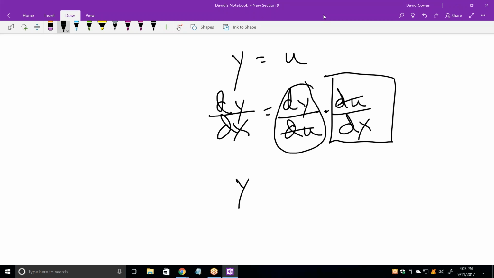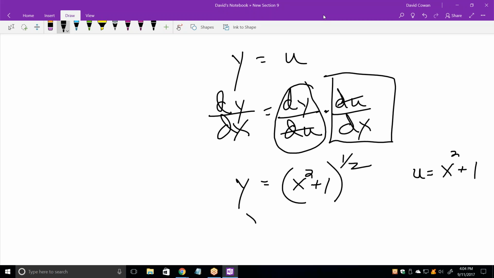So if I say (x squared plus 1) to the 1/2, then what's u? U is the inside. What do you think the inside is? X squared plus 1. It's usually the obvious.